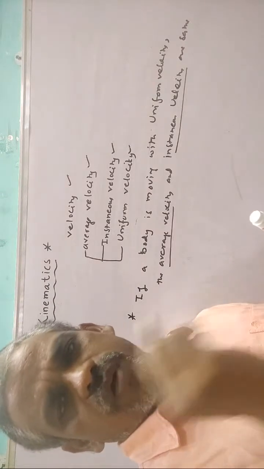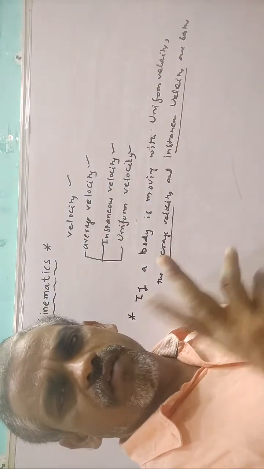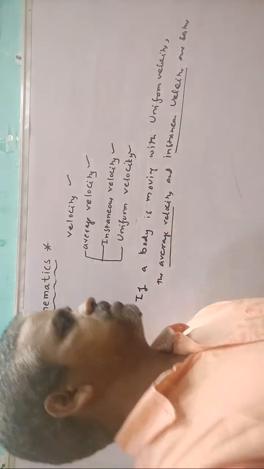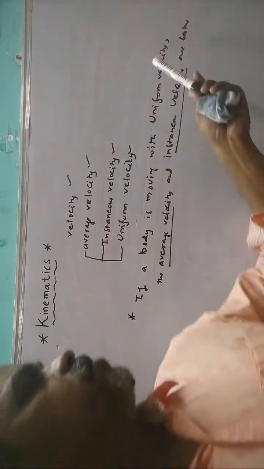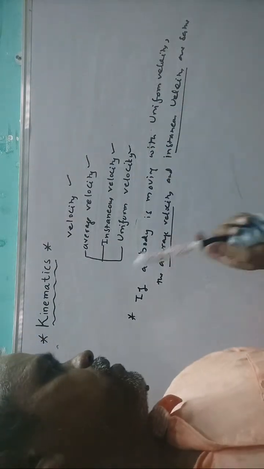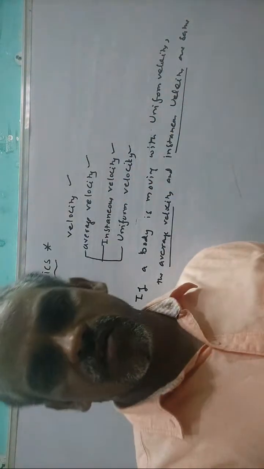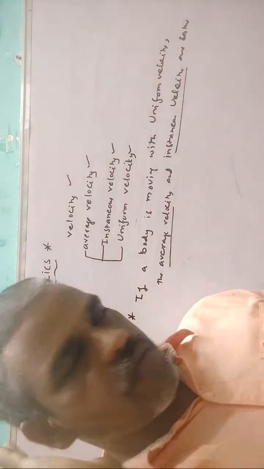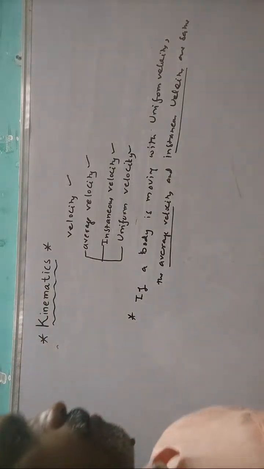Instantaneous velocity means at a particular point, you will get the same value. If you take the average value, that is also the same. So if a body is moving with uniform velocity, the instantaneous and average velocity are the same.